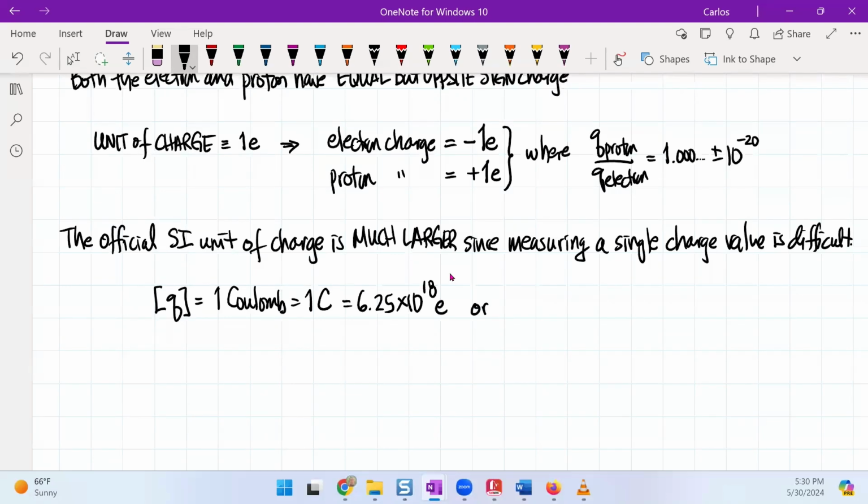Or it's typically written as 1e is equal to 1.602 times 10 to the negative 19 coulombs. This is the most common way that people write electric charge, just like that.